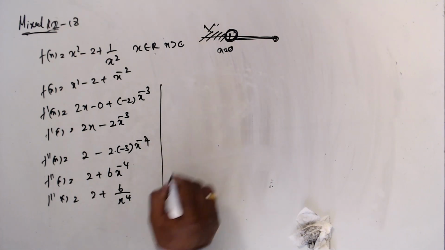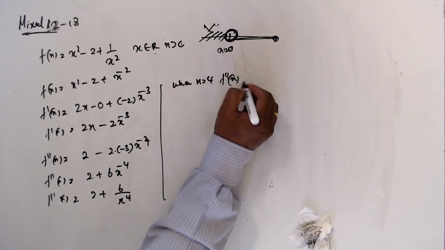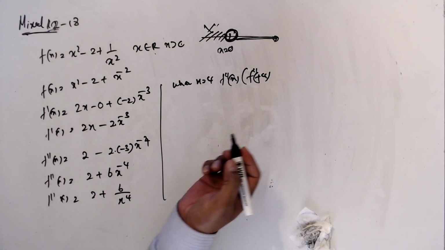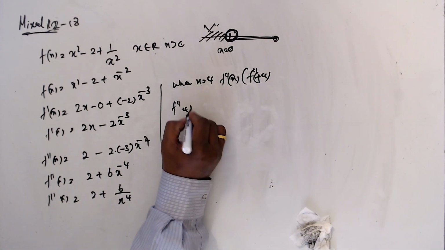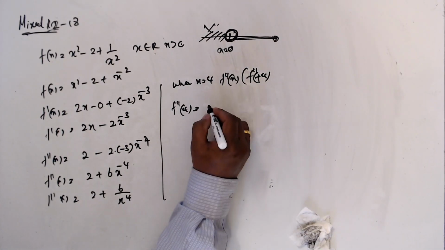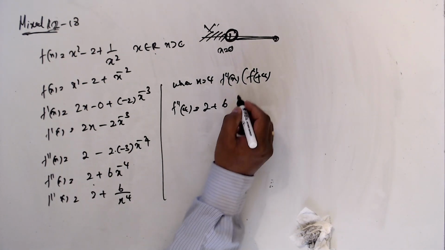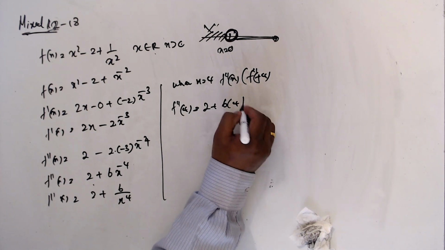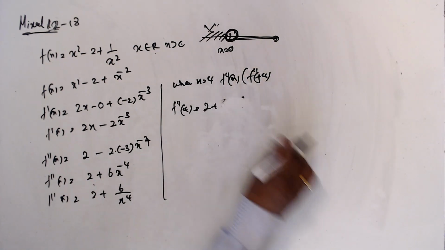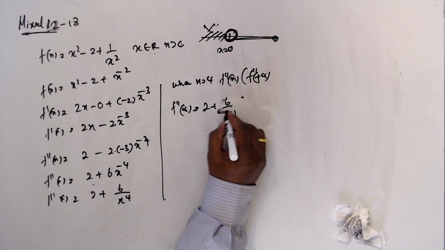And we need to find when x equals 4, f double dash 4. So f double prime 4 equals 2 plus 6 over 4 to the power 4.